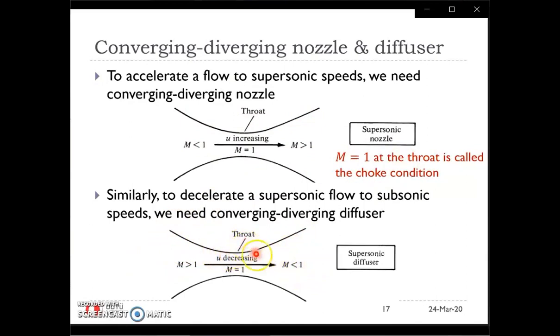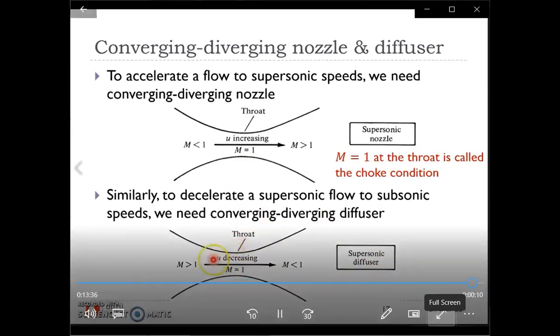So again, we have the throat location and the Mach number reaches 1 at the throat. This is what we call a supersonic diffuser. So these are direct applications of this area velocity relation in quasi 1D compressible aerodynamics. So this ends the session on this topic.